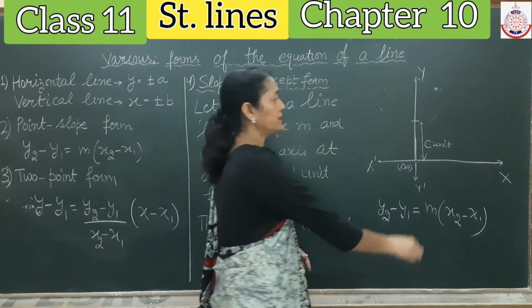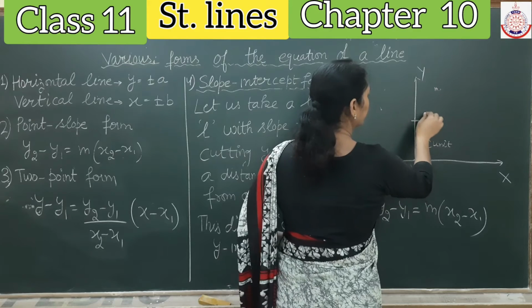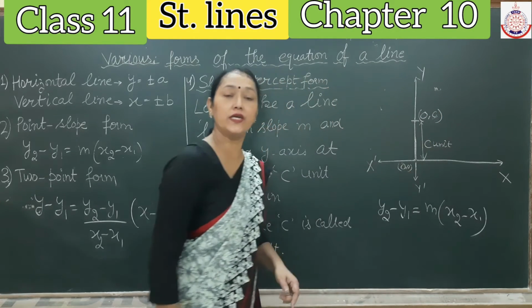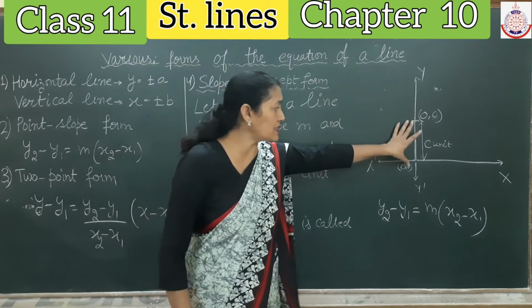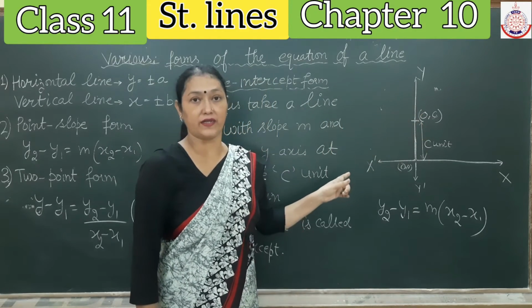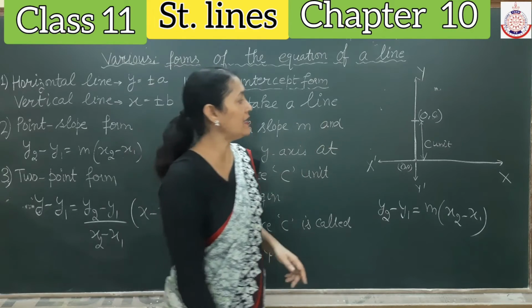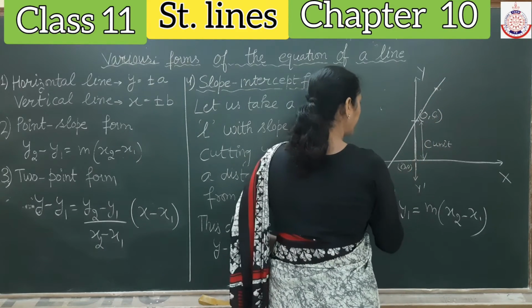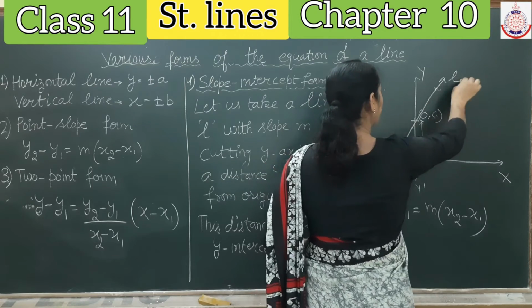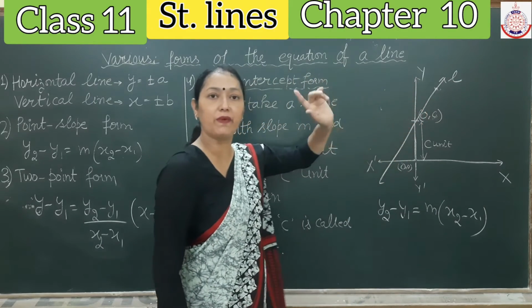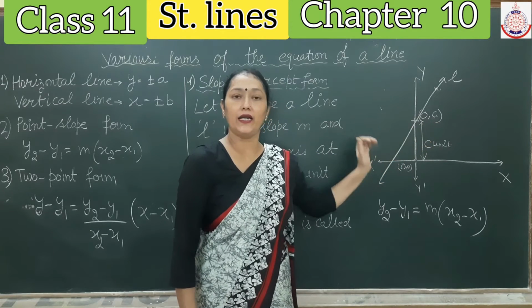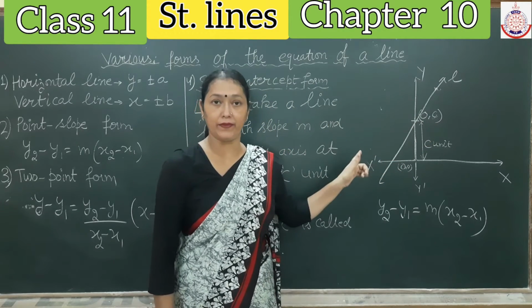Then this point will be having coordinates as (0, C). Then this distance is called y-intercept. A line L is passing through this point having coordinates (0, C), and the line is having slope as m.